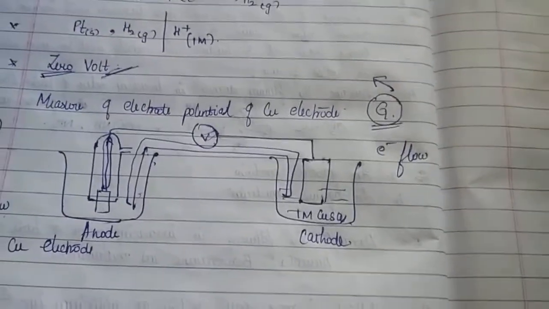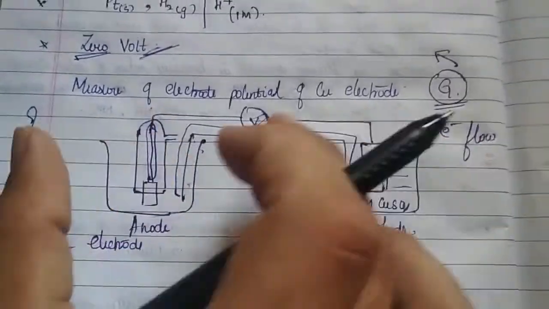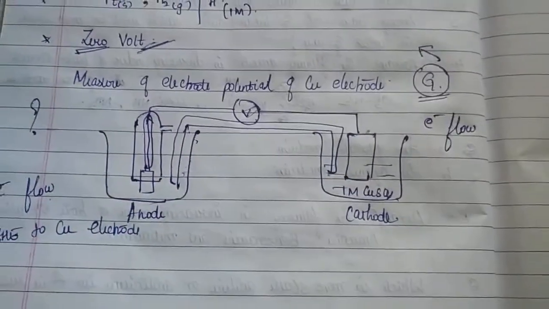First, the scientists conducted the experiment and came to know that SHE acts as an anode and copper acts as a cathode.